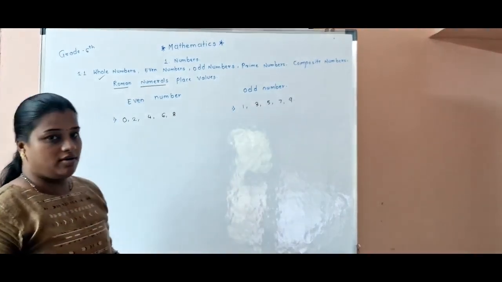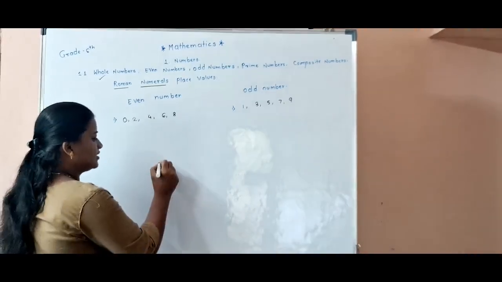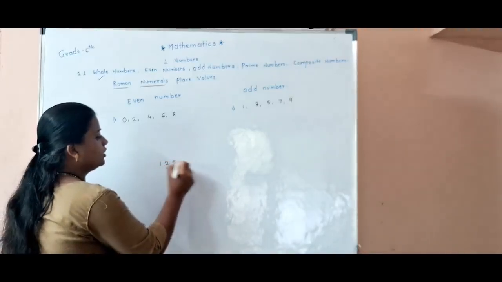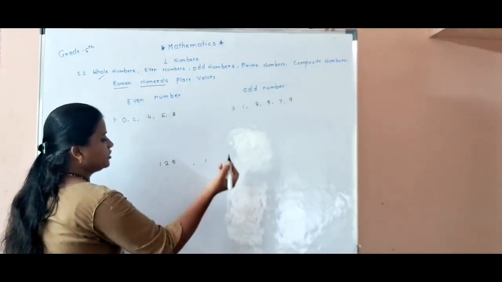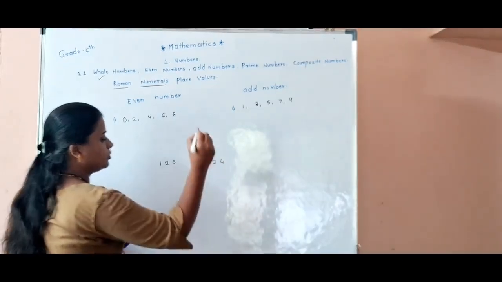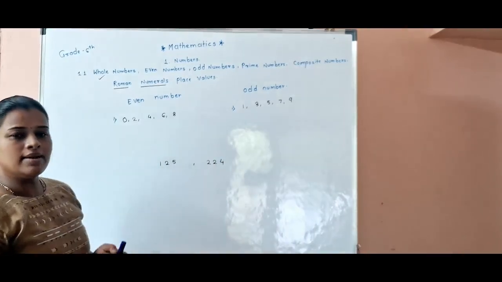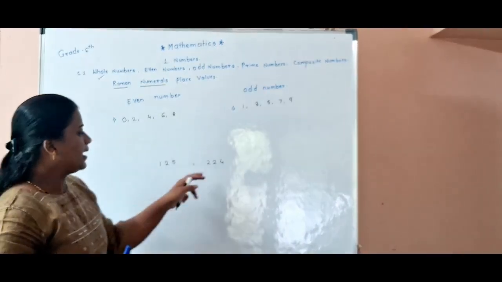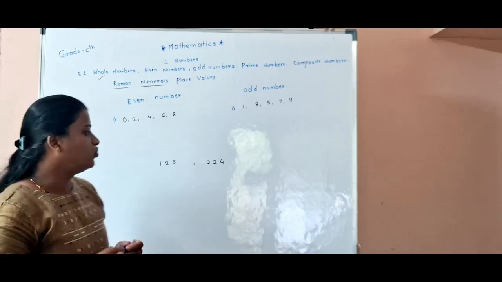But what if the number is 3 digit, 2 digit, 4 digit, 5 digit, whatever it is? Okay, let us study these two numbers. One number is 125 and the other number is 224.